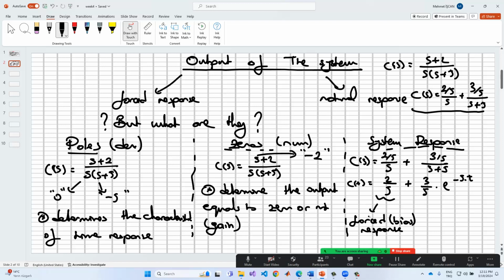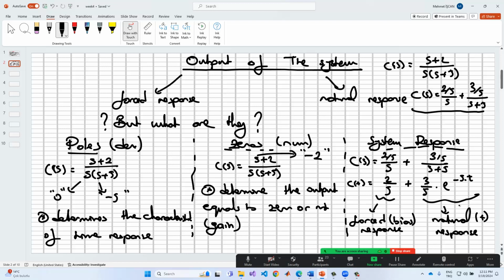Okay, and so how about the second term? The second term is the natural response. Okay, and so it's a time dependent response in this case, and it will diminish or grow in the case of the exponential term, especially for the unstable term. For example, if I choose this term s minus 5, we have a root at 5, and so C(t) goes to infinity as t goes to infinity.